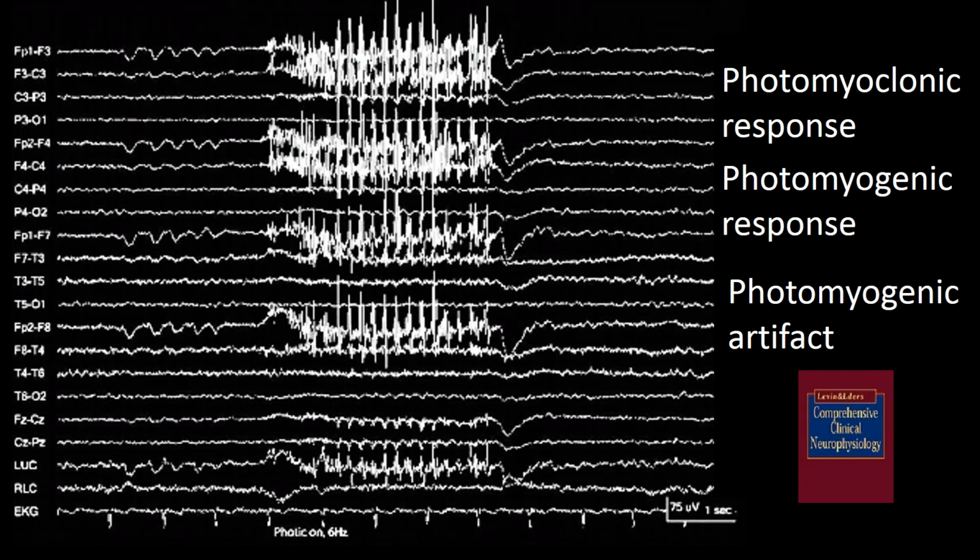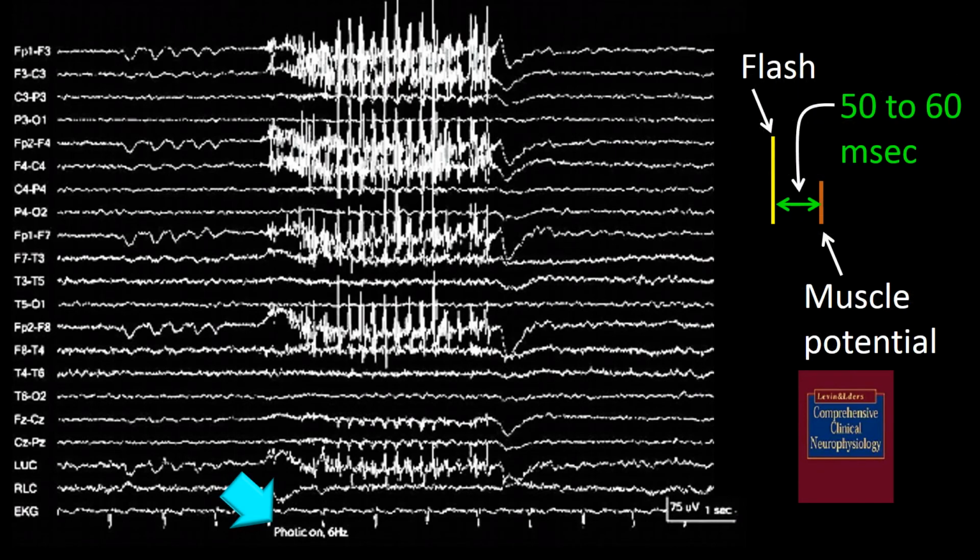The same textbook that you can see in this frame uses two additional names for this event, that is, for photomyogenic artifacts. This is an epoch that shows photomyogenic artifacts occurring with a flash frequency of 6 Hz. There is usually a delay of 50 to 60 milliseconds between the flash and the myogenic artifact.